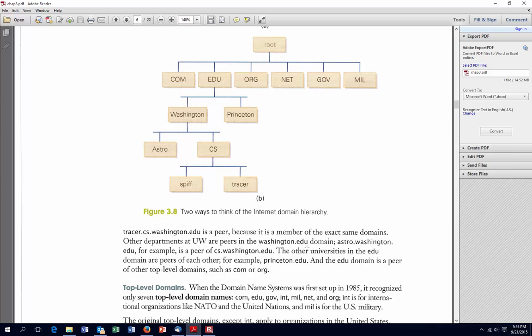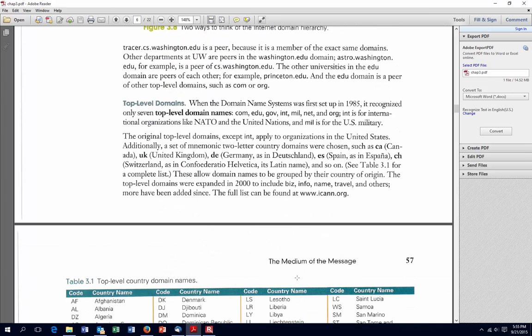Here he talks about the top level domains that I just mentioned, and goes on to add some additional information that because the internet was invented in the United States, they had to do something to accommodate the rest of the world. So the normal top level domains, the com, the edu, gov, and so on, those were for US organizations.